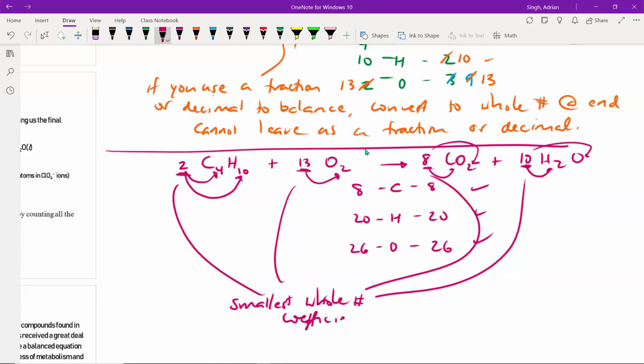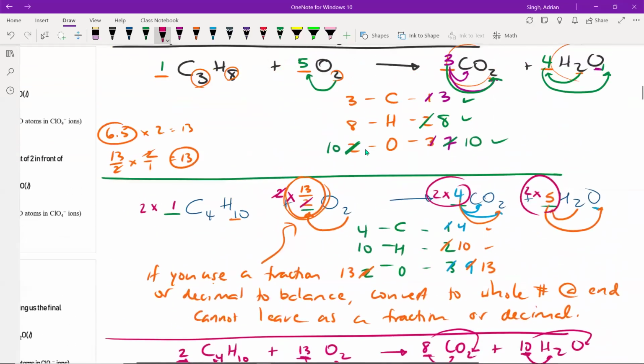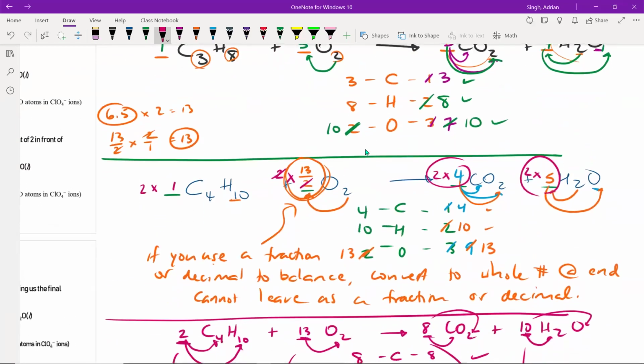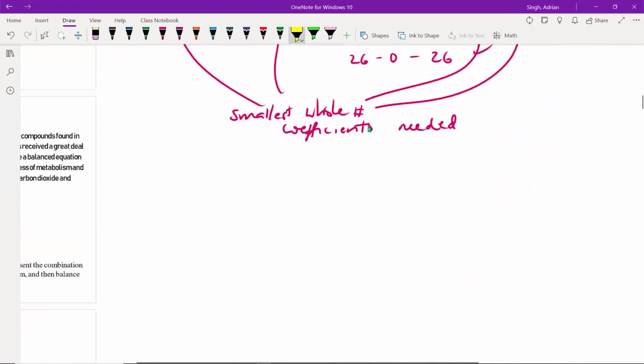Smallest integers, in other words, are what you need. Okay? You can use fractions or decimals to help you balance the equation in the first place, right? Because this equation up here is balanced, right? But it's not in the proper form. You have to get it to small whole numbers. Okay, so that's the second strategy.